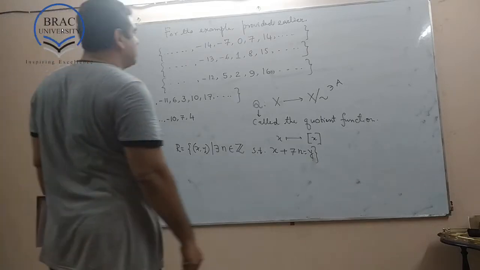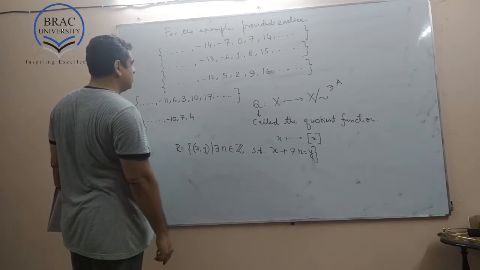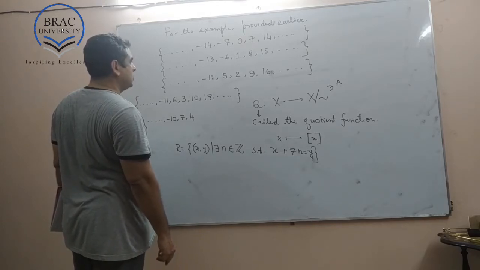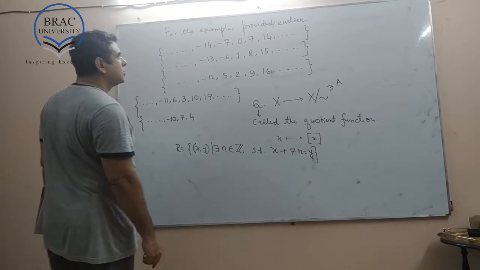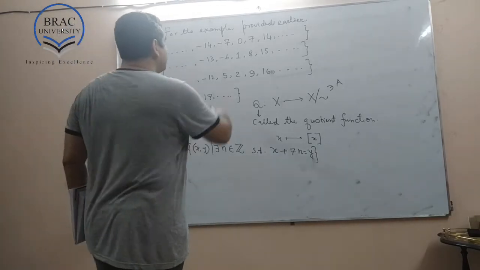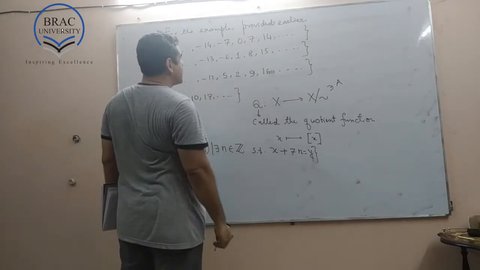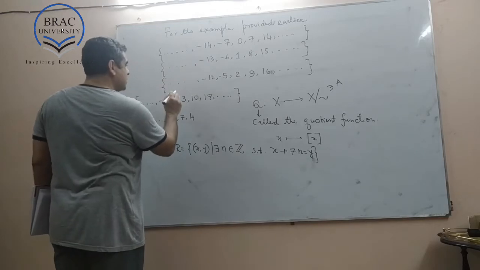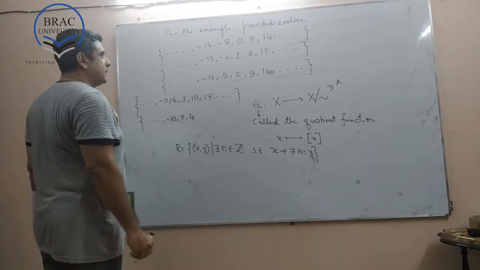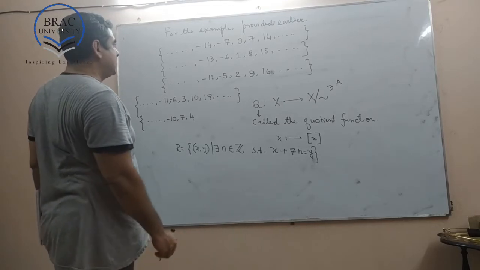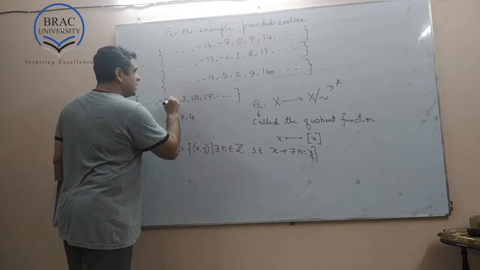I'm not sure if I'm doing it right. I think I'm making a mistake from here on. So this should be -5, okay? And this should be -6, right? No, it should be -4. Sorry for that mistake.